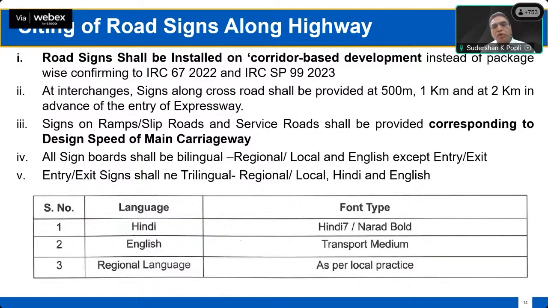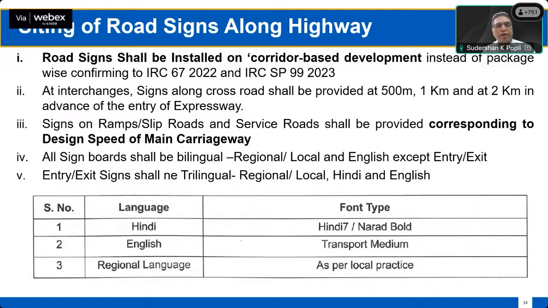In the corridor approach, the further destination should be mentioned on the right hand side, and the other locations on the left or in the middle. All interchange signs should also be on the crossroad. On crossroads signs are not fixed, but in case of interchange they should invariably be fixed at 500 meters, 1 kilometer and 2 kilometers.